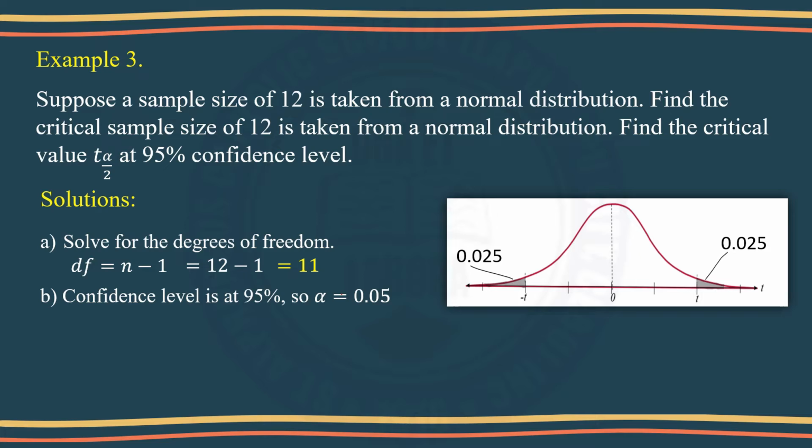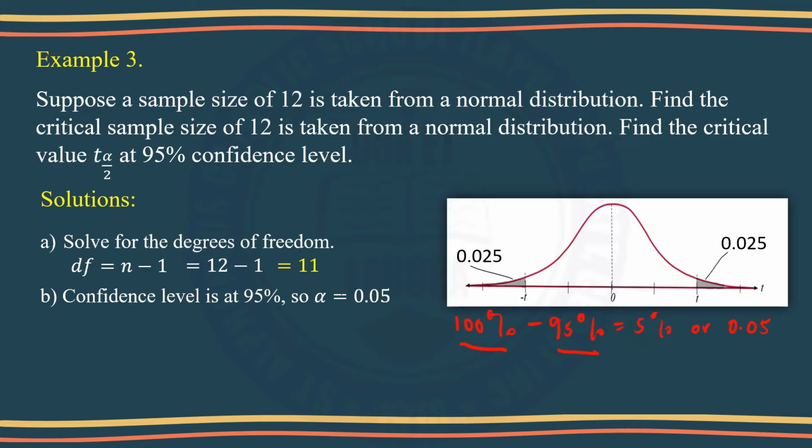So the value of the alpha or the level of significance is 0.05 because the solution is 100% minus 95% is equal to 5% or 0.05 as the value of the level of significance. 100% here because this is the total area of the curve, and 95% here because this is the confidence level.